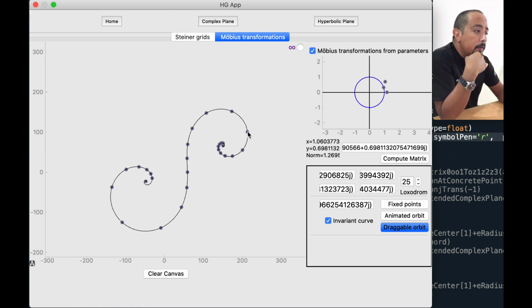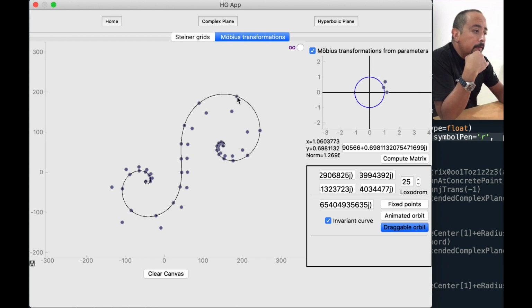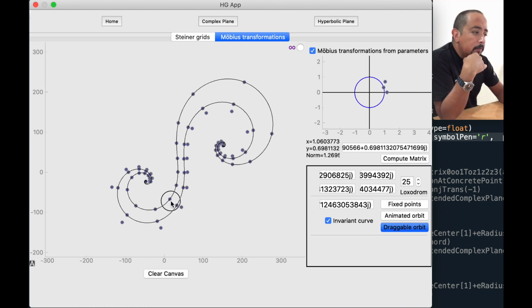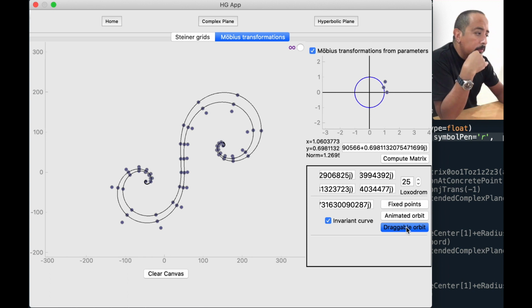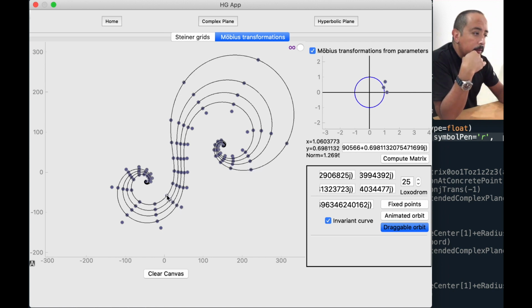So, okay, when I move this one, and then here again, let's say this is to visualize a little bit of continuity of functions from the complex plane to the complex plane. Right.